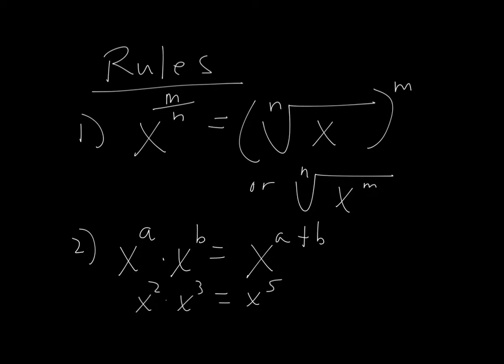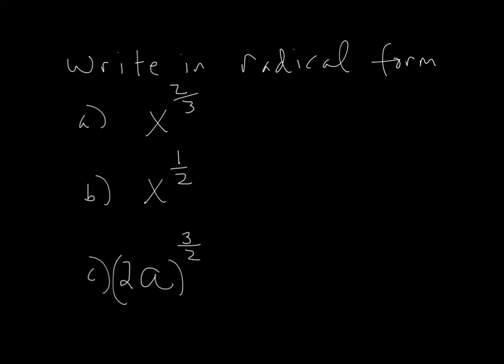All right, let's look at some new type. I got 3 on a page here because there's really no work to these at the beginning. If you have a fractional exponent, it really is this simple. It says write it in radical form. So we're going to put a radical there. We're going to put the denominator as the root.